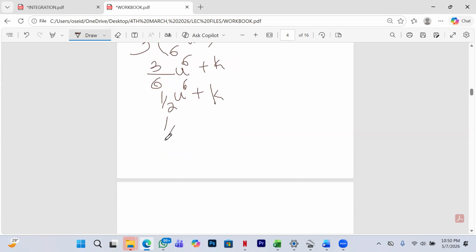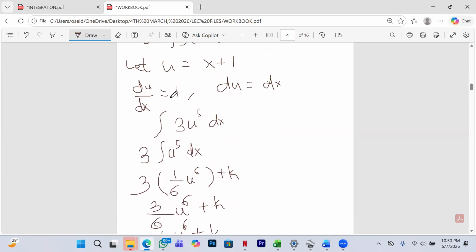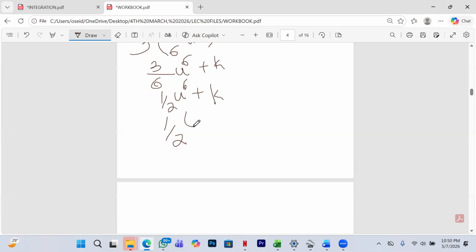We substitute what u is. We say that let u equal what? x plus 1. So 1 over 2 bracket x plus 1 exponent 6 plus k.